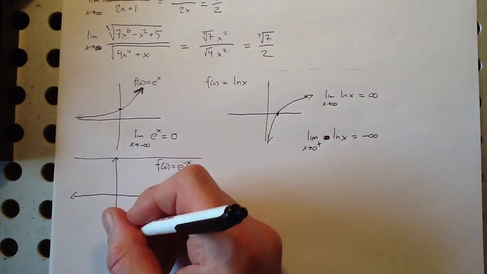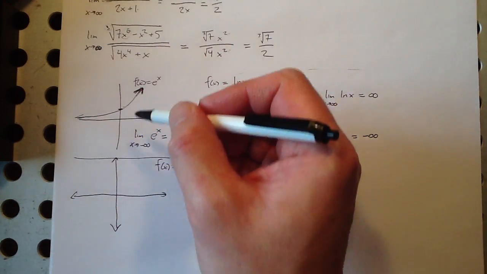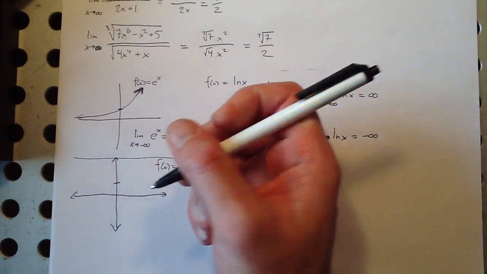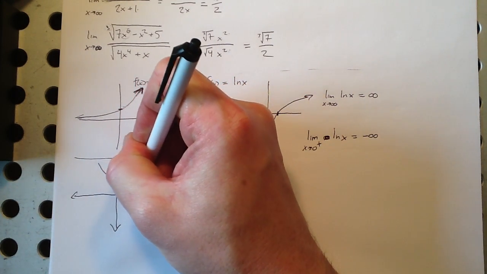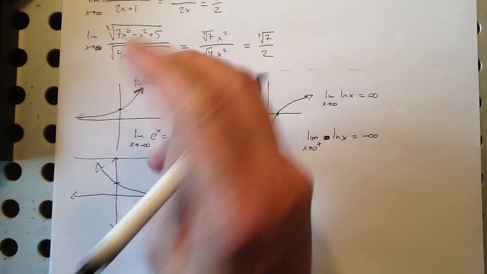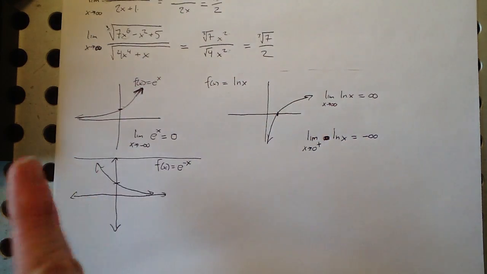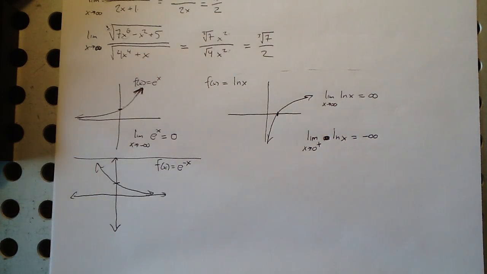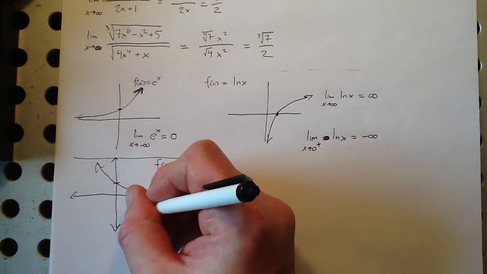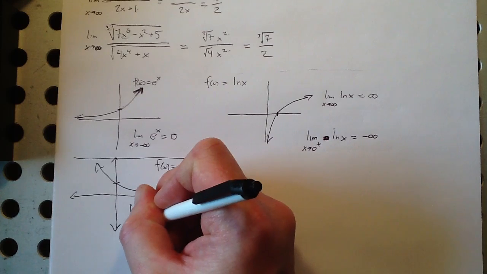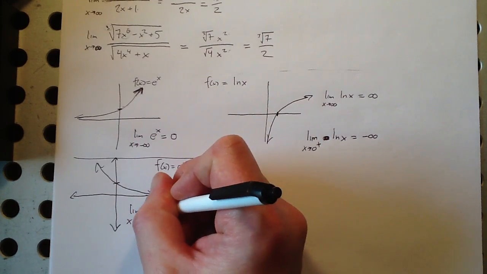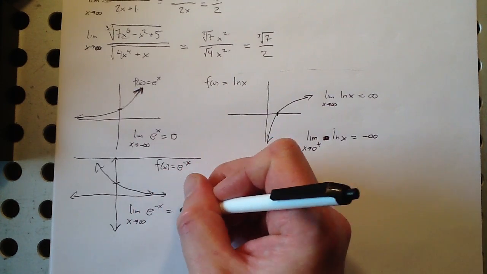Maybe just pause for 1 second and see if you can figure out how that affects that graph. What it does is it flips it, a symmetric-to-the-y-axis kind of flip. So now, with this graph, the limit as x approaches infinity of e to the negative x is equal to 0.